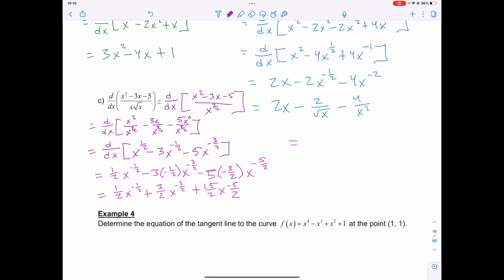This is going to be equivalent to 1 over 2 times the square root of x plus 3 over 2 times the square root of x cubed plus 15 over 2 times the square root of x to the 5.